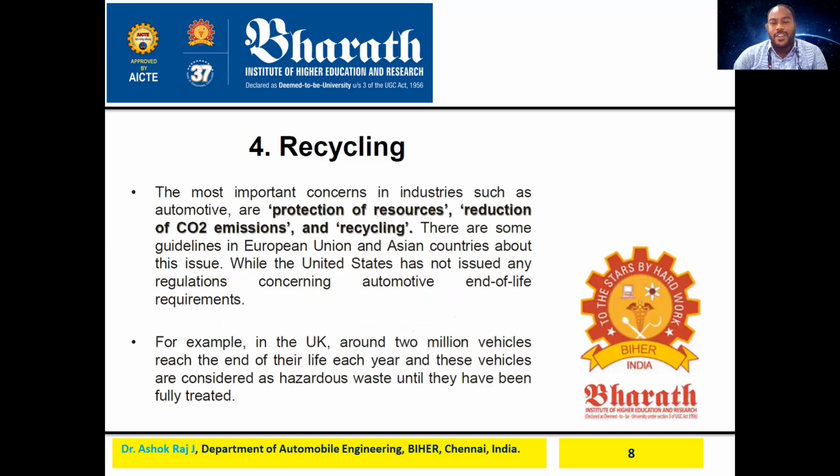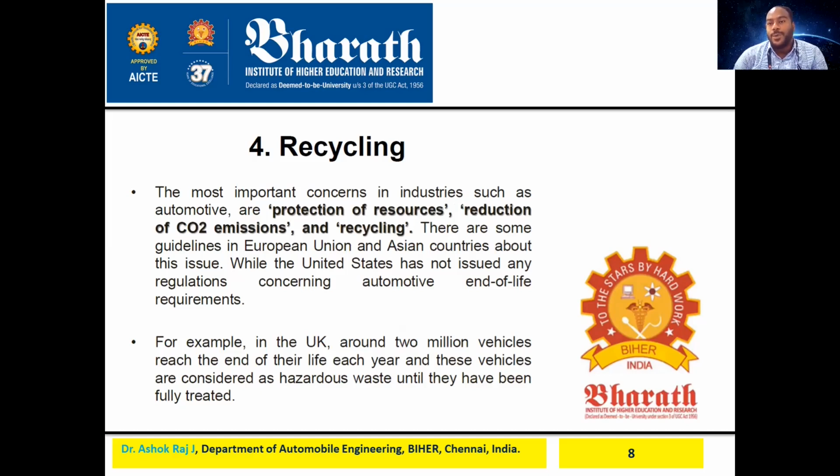The most important concerns in an industry such as automobile are production of resources, reduction of carbon dioxide emissions, and recycling. These are the three concerns in industry, and how to protect the resource.